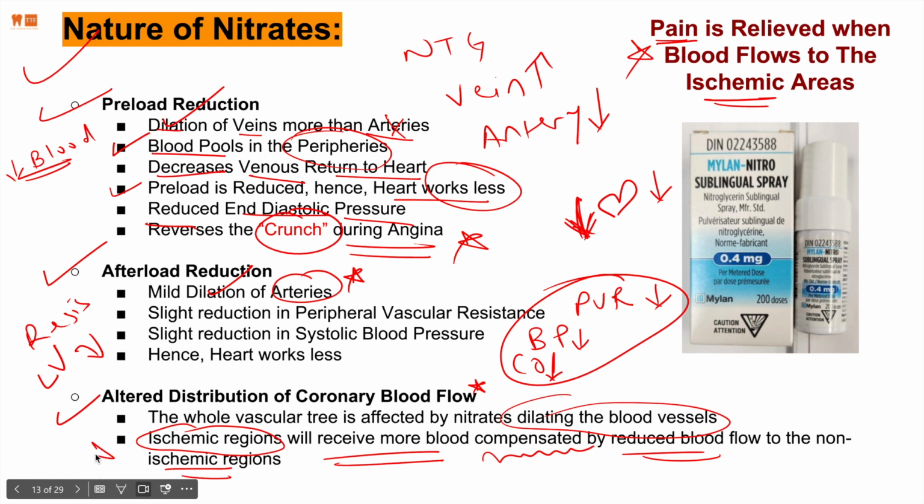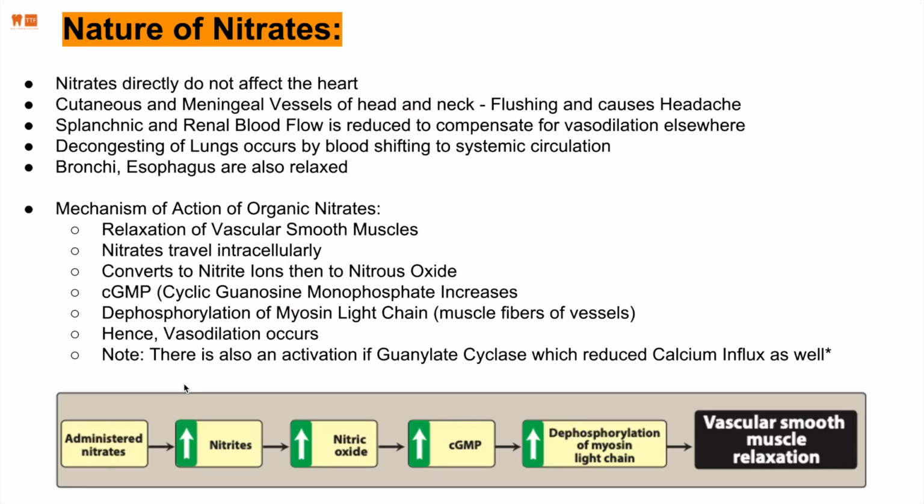It is automatically relocated to ischemic areas and the blood flows there, relieving the pain. And that's where the nitroglycerin sublingual spray, sometimes you use a spray in the sublingual region at 0.4 milligrams in concentration in order to allow redistribution of coronary blood flow. Hopefully that concept is clear, guys.